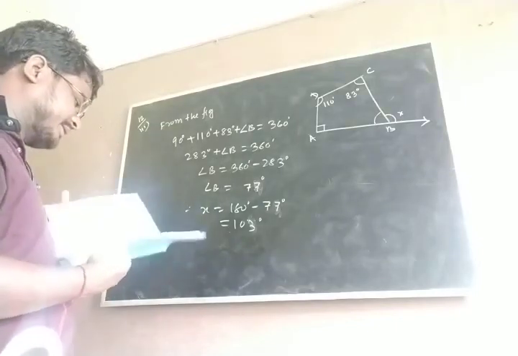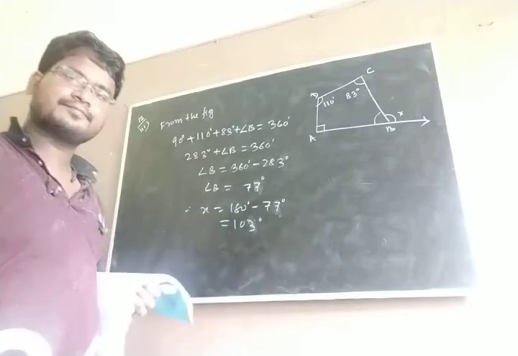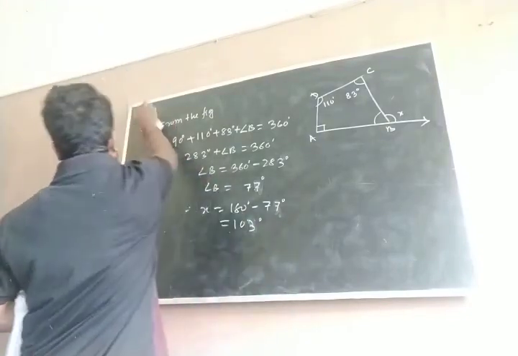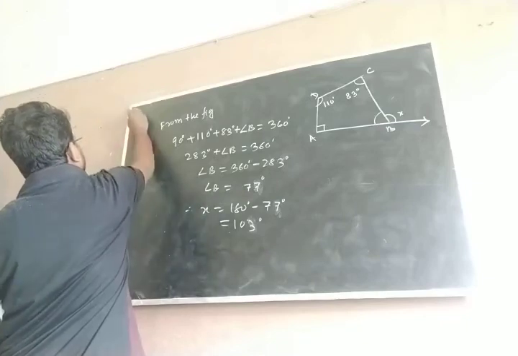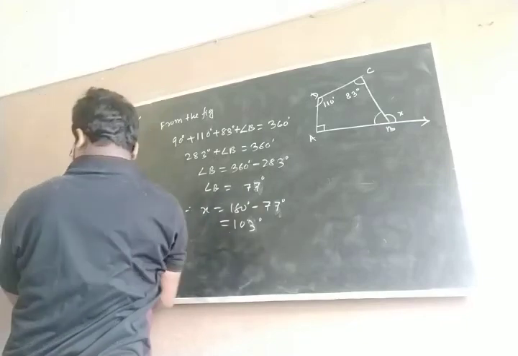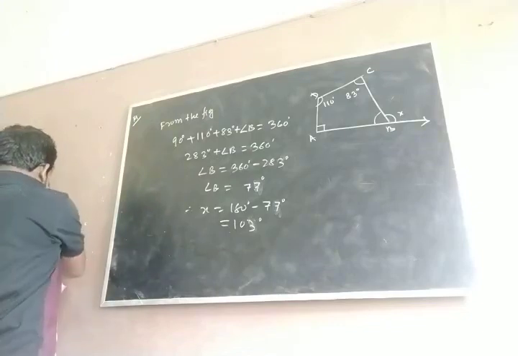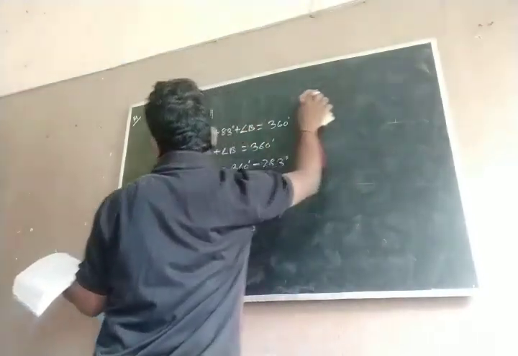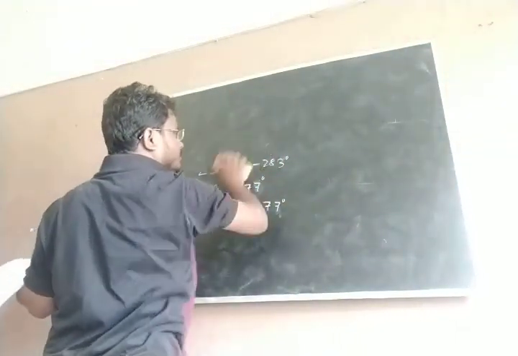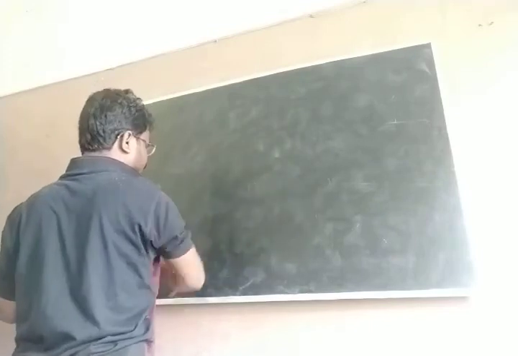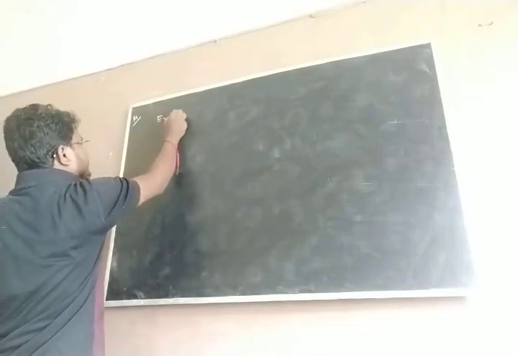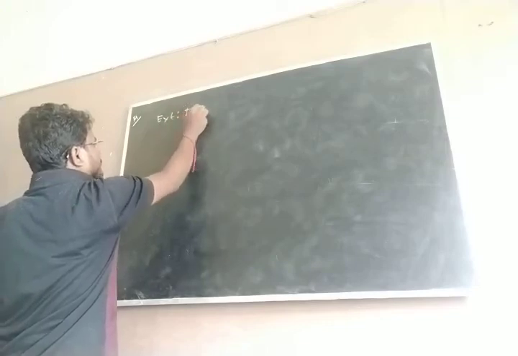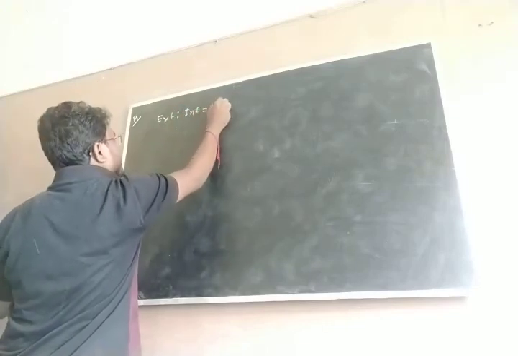Then see number 14. The ratio between the exterior angle and interior angle of a polygon is 1:5. I told one formula: exterior angle plus interior angle equals 180 degrees. So here the given exterior angle to interior angle is 1:5.